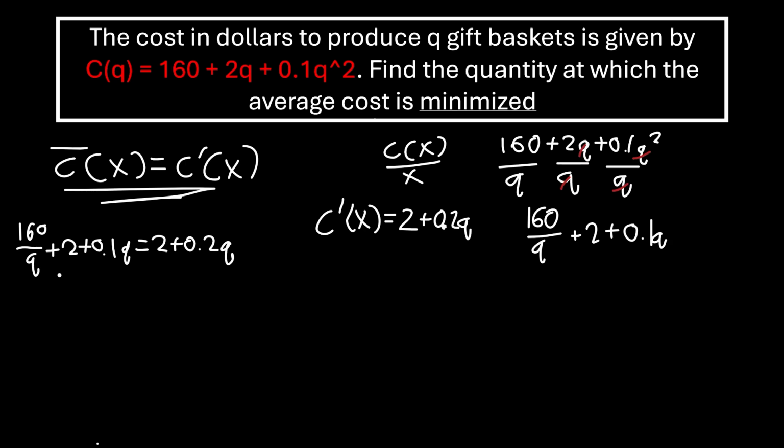Now, subtract 2 on both sides, and they should cancel out. Then subtract 0.1Q on both sides.